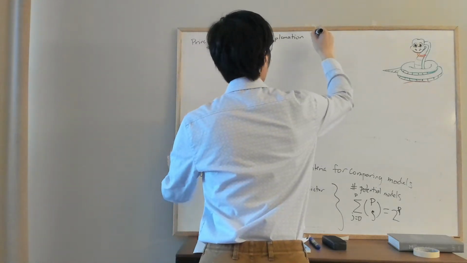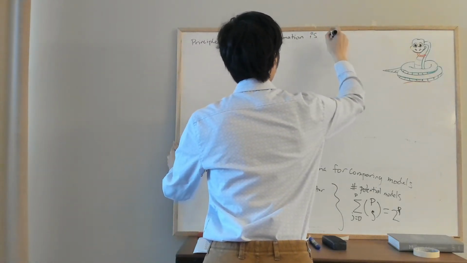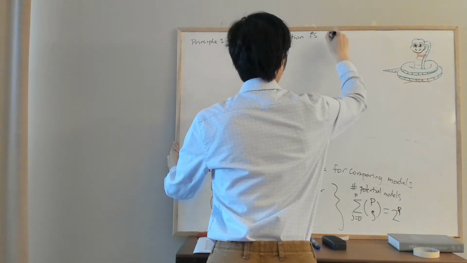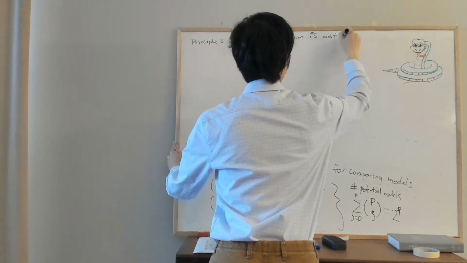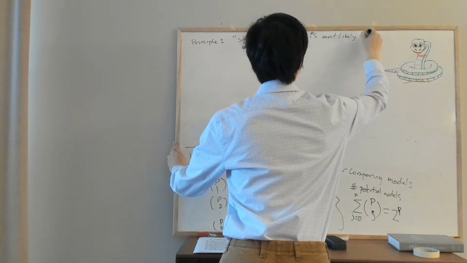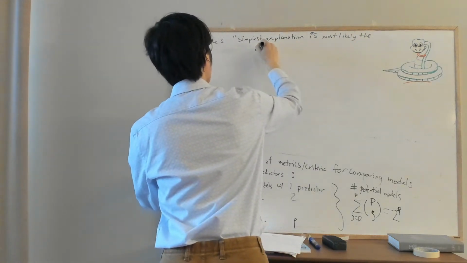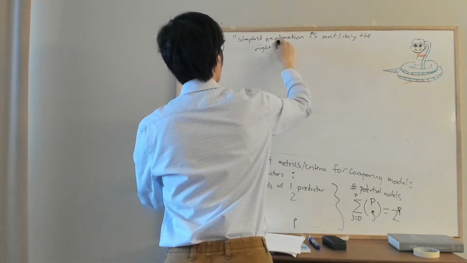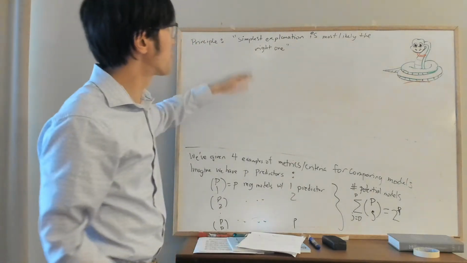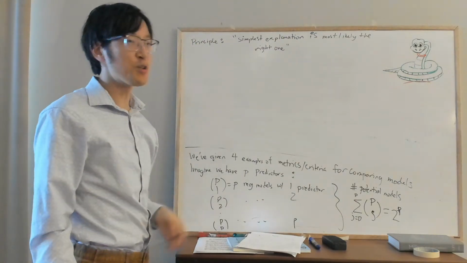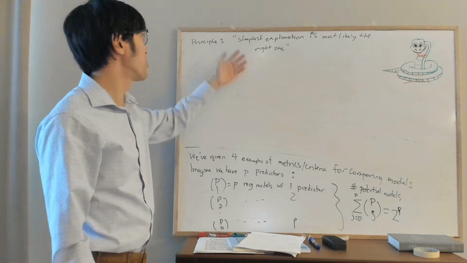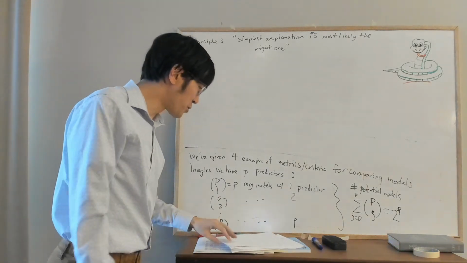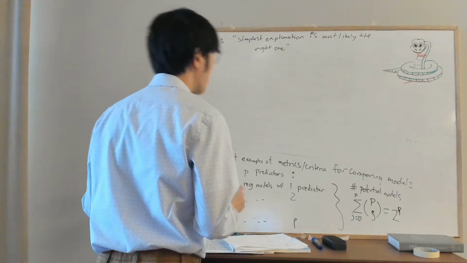This is just a rough paraphrase. Most likely the right one. Okay, so this sort of principle has been applied in many scientific fields, and it's known as Occam's razor.